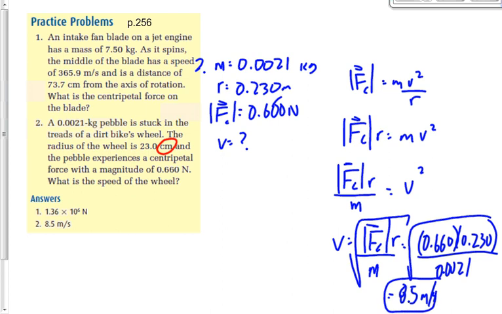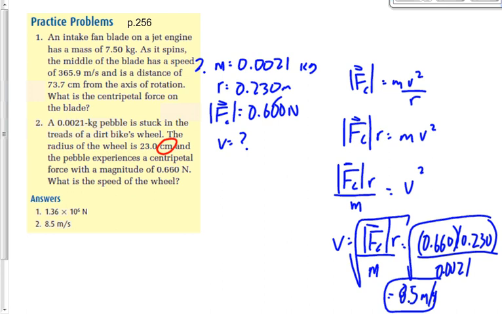We good? Make sense? So this pebble is stuck in the tread of the dirt bike's wheel. This wheel spins around at the outer edge at 8.5 meters per second. There's a centripetal force acting on the pebble that is 0.660 newtons.